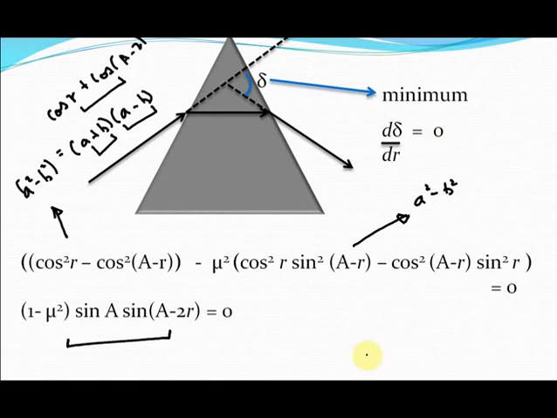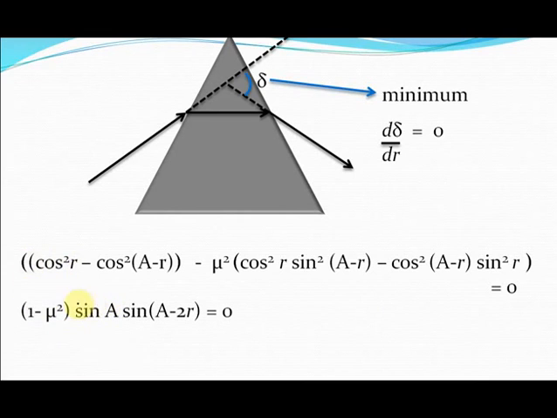Now this expression indicates that either 1 minus mu square is 0, or sin A is 0, or sin (A minus 2r) is 0. Now if 1 minus mu square is 0, then mu is equal to 1, but we know mu, the refractive index of the glass of the prism, is definitely not equal to 1. It will be something like 1.5 or 1.6. Sin A can also not be equal to 0, because A, the angle of the prism, is definitely not equal to 0.